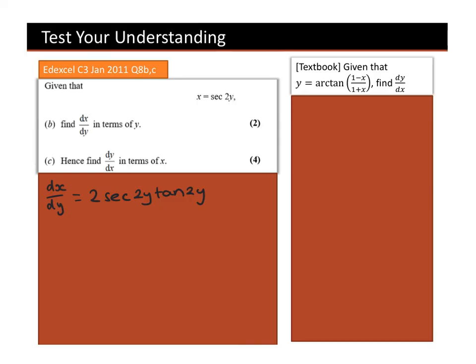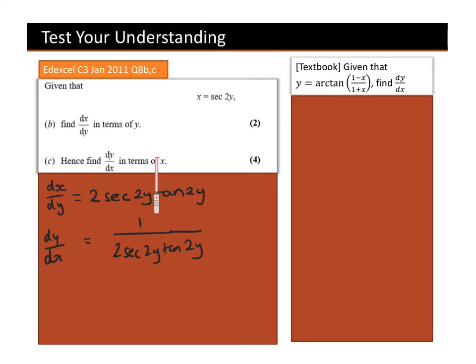Then part C says, hence find dy by dx. Okay, so first of all, dy by dx. Well, we have dx dy, so we're going to do 1 over it, aren't we? So dy by dx equals 1 over 2 sec 2y tan 2y. Now this is the bit that really throws people, okay? It says it wants it in terms of x.